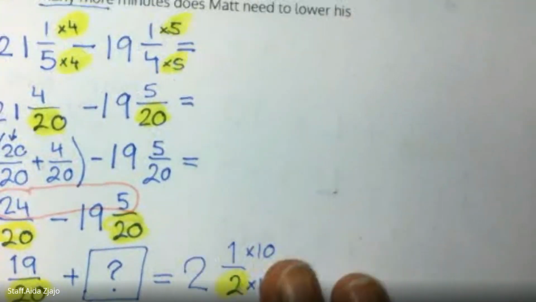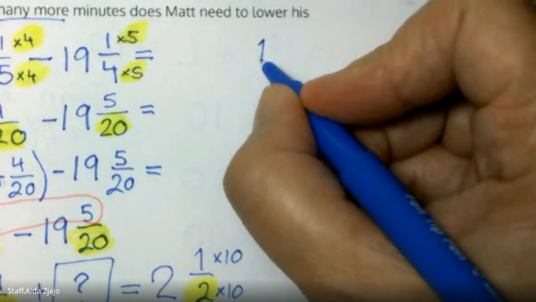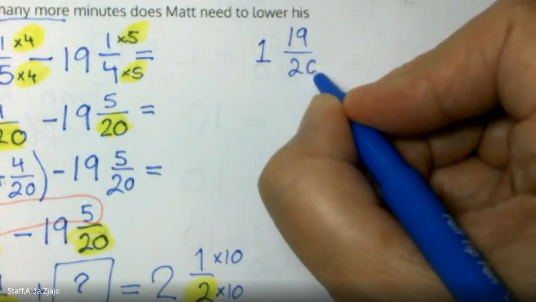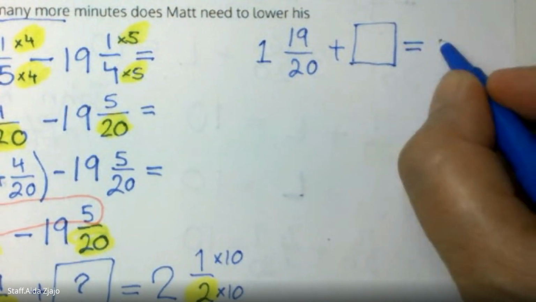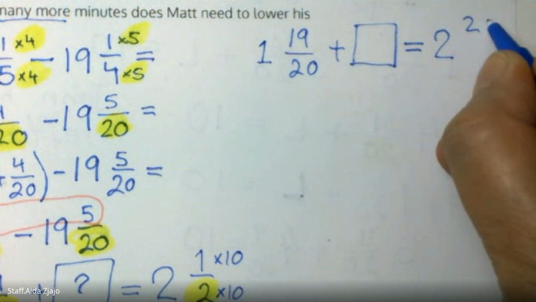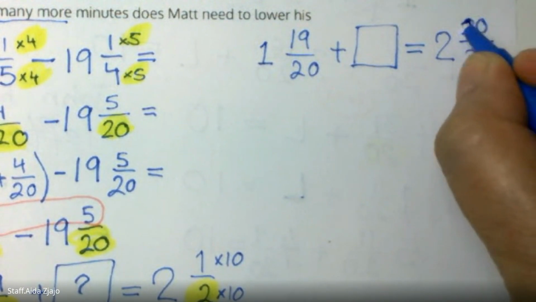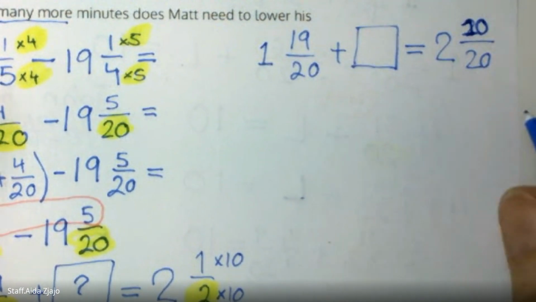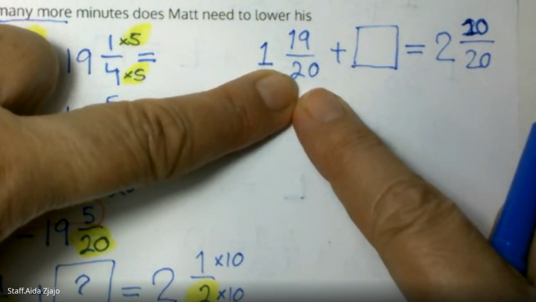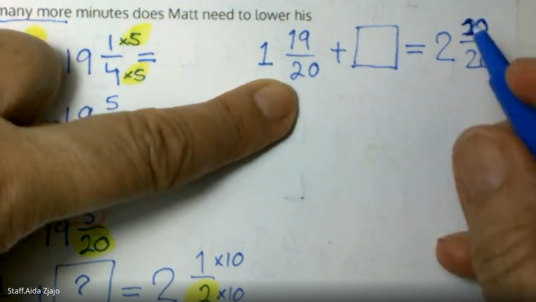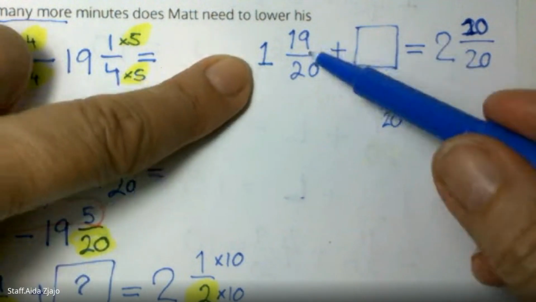So let's review this. 1 whole and 19/20 plus an unknown number must equal 2 and 10/20. We have 19/20 already. If I add 1/20, that will make 2 wholes. So 19/20 plus 1/20 is 2 wholes.